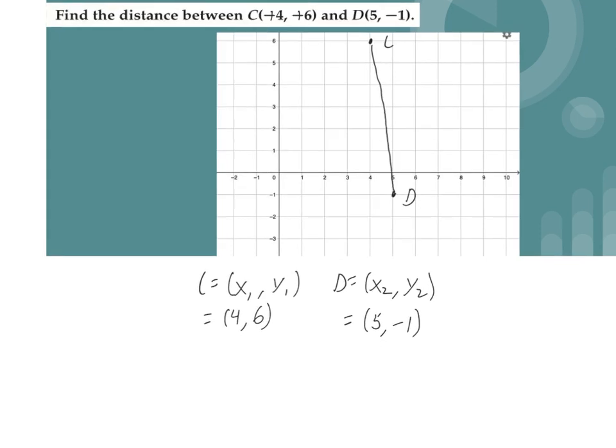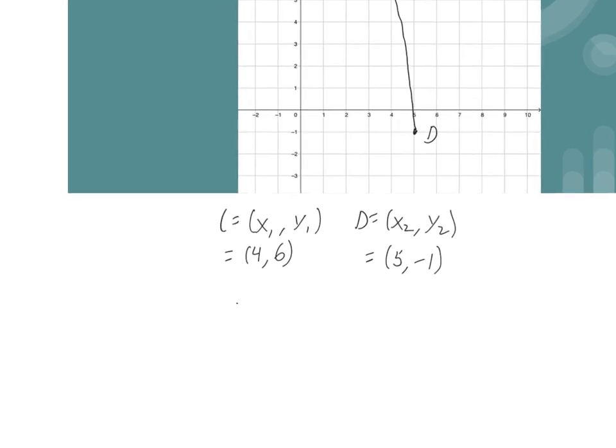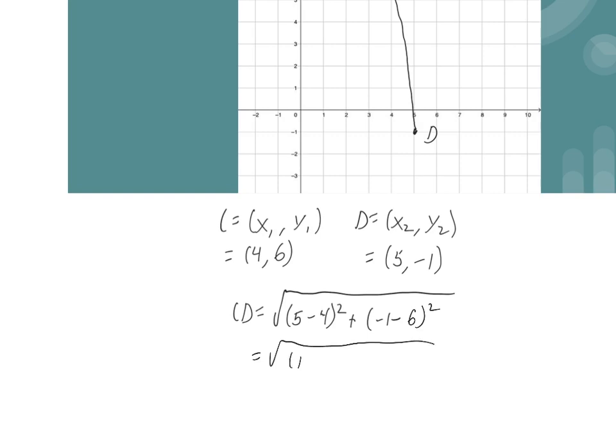So now if we use our formula, CD is equal to square root of x2 minus x1 squared plus y2 minus y1 squared. You end up with 1 squared plus -1 minus 6 is -7 squared.